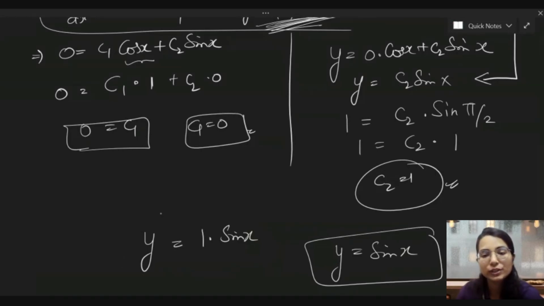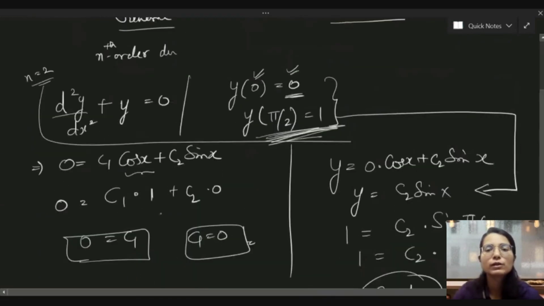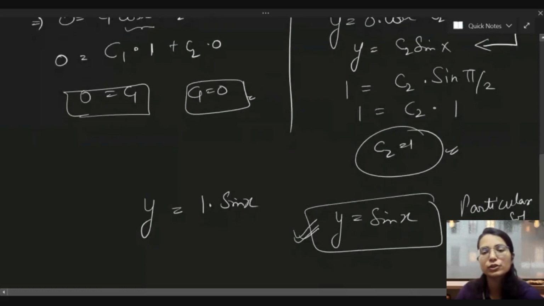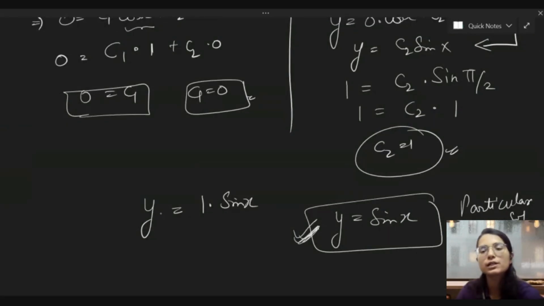Now the solution that you obtained is a particular solution. It won't be called a general solution. After applying the initial conditions, when you get a solution which contains no arbitrary constant, it is called a particular solution.